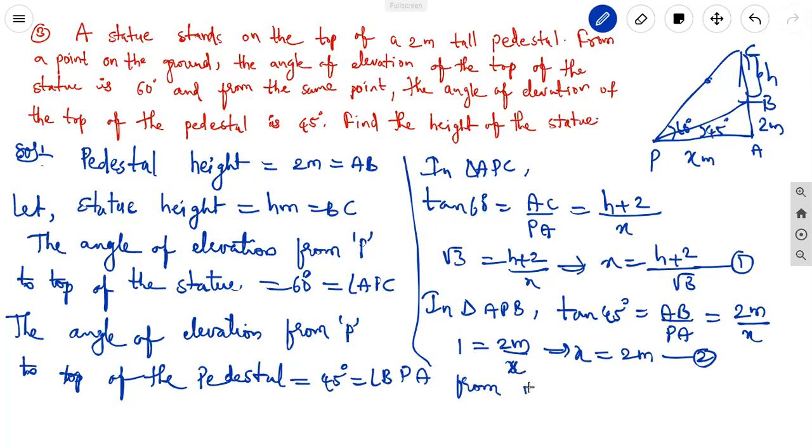From equation 1 and 2, we can equate the two values. That is, 2 is equal to H plus 2 by root 3. From this, 2 root 3 is equal to H plus 2.